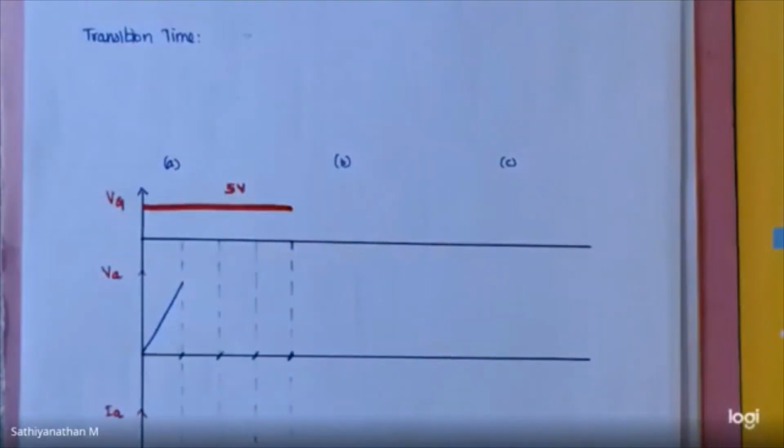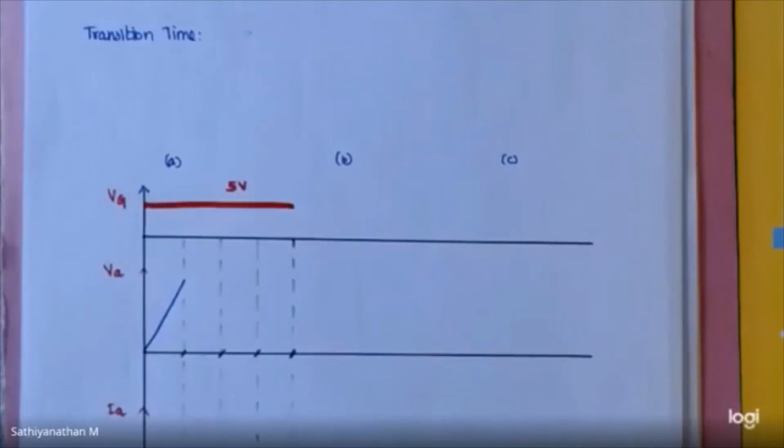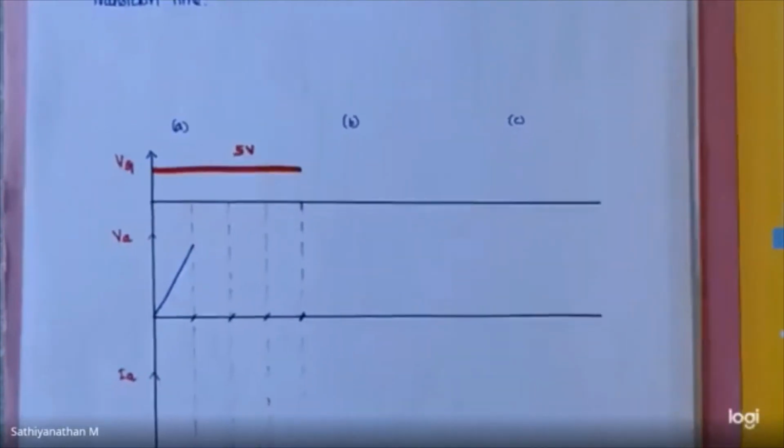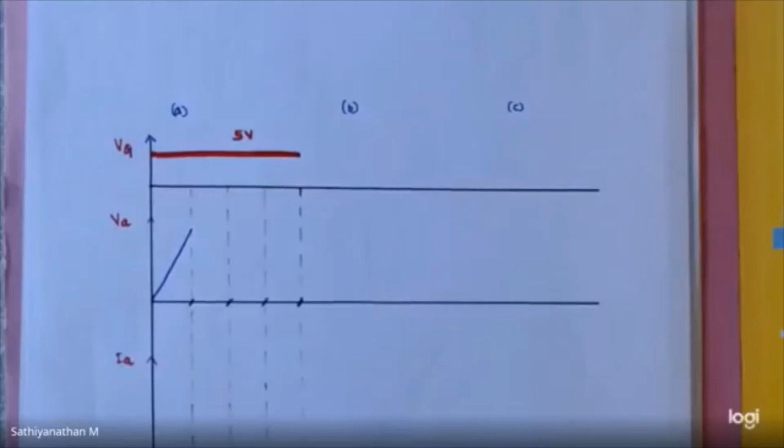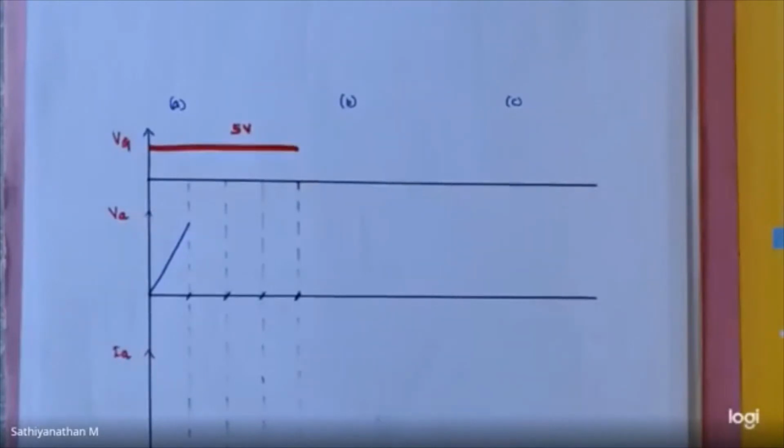So I request all of you, please take a note. This is very difficult to explain in an examination, and it is very difficult to understand the graph, so please take a note.